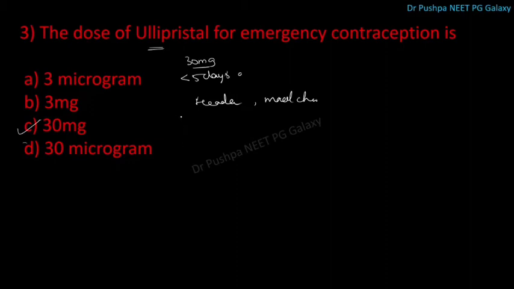What is the most effective method for emergency contraception? Copper T. This is the most effective and most commonly used. The most effective hormonal contraceptive is ulipristal. It prevents implantation. If implantation has already occurred and we take ulipristal, it acts as an abortifacient.